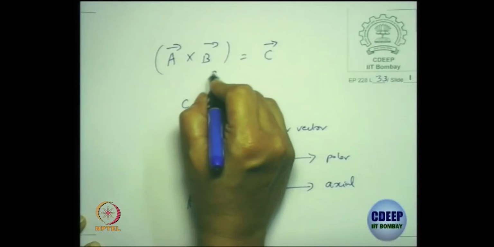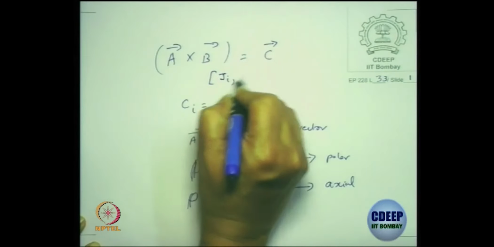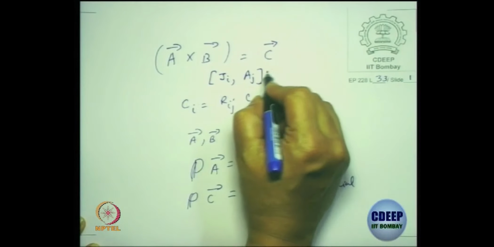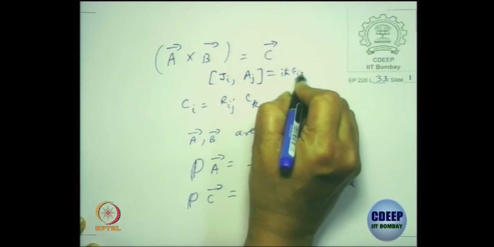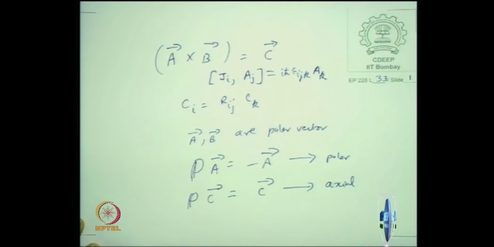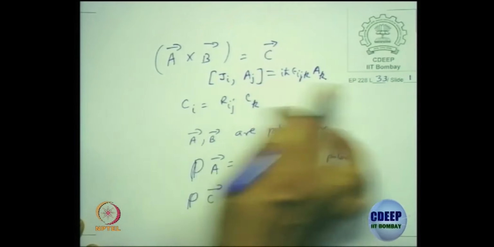Okay. So that will tell you how to find the commutator of J_i with A_j. This will be i h-bar epsilon_ijk A_k. I wanted you to check this.